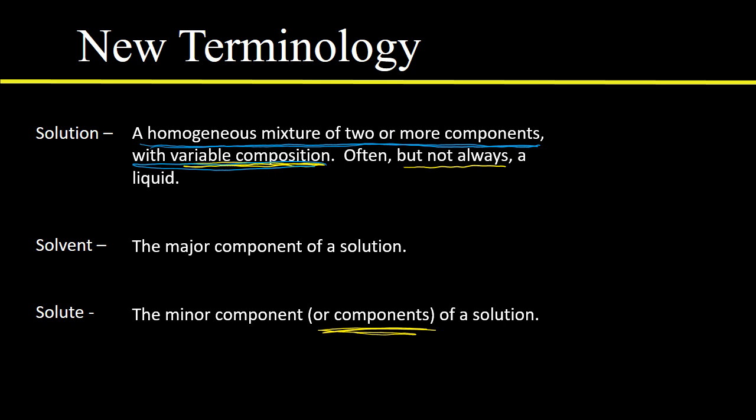There's sugar, and there's malic acid. There's a whole bunch of other things that will form the solution of apple juice. So you've got one solvent. You can have one or more solutes. You can have multiple solutes dissolved in that solvent.